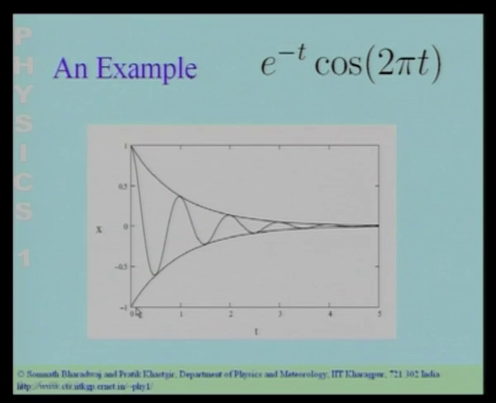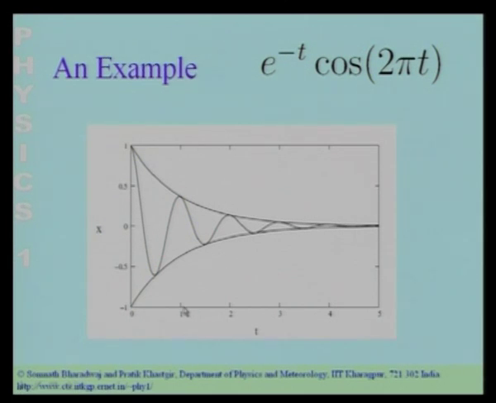Let us take the time instant t equal to 0 first. The amplitude of this oscillation at time t equal to 0 is 1. Now, let us ask the question, what is the time period of this oscillation? This oscillation has omega equal to 2 pi. The time period is 2 pi by omega, so the time period is 1.